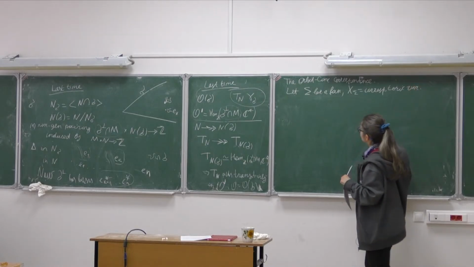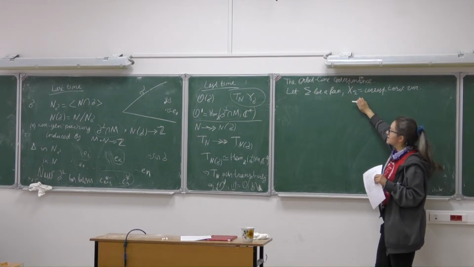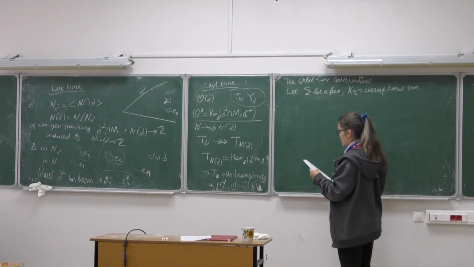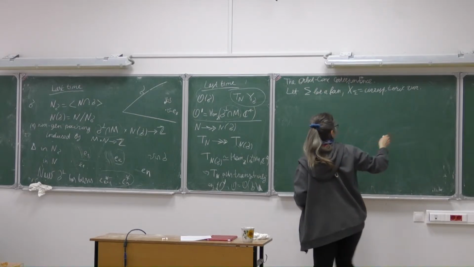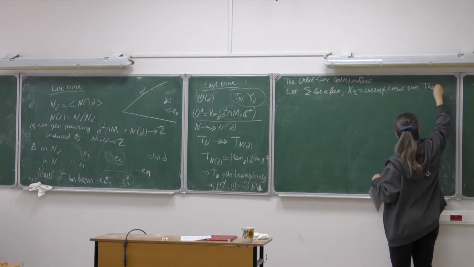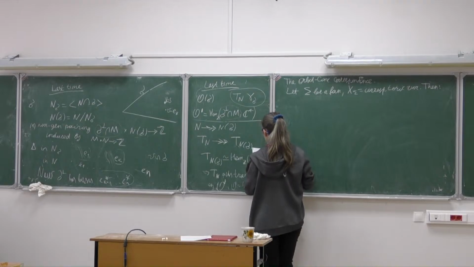Does everybody remember how we construct X sigma? Okay. Then the orbit-cone correspondence. I will prove 4 statements today. The first 2 are the following.